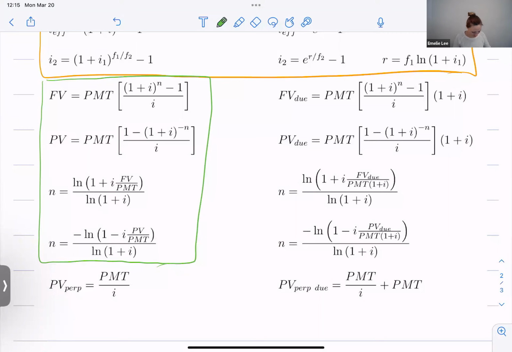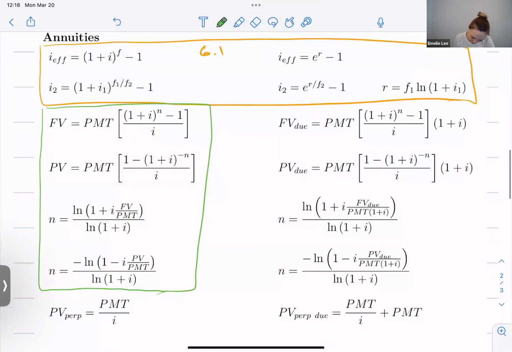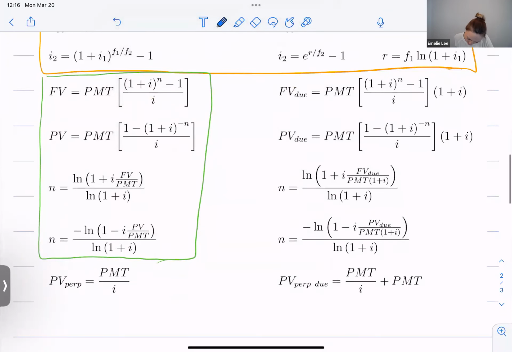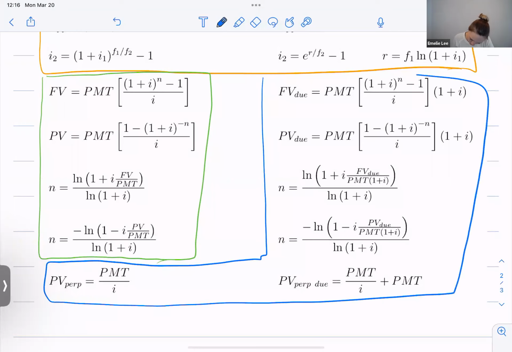I'm just flipping through. I think it's in chapter 7. Okay. So then this side is all chapter 7. Okay.